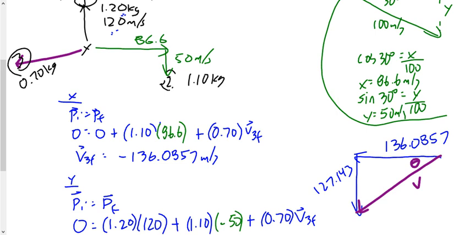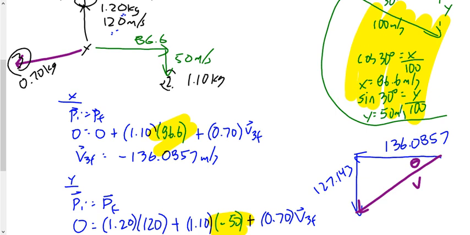So really, how is this different from what we've seen? That's it. The 86.6 wasn't given to us. We had to find it. The 50 wasn't given to us. We had to find it. We were given a funny angle, and we had to find the x and the y from that funny angle by doing this stuff up here.